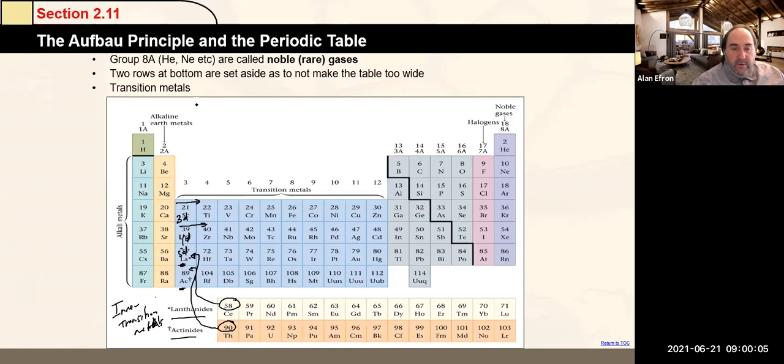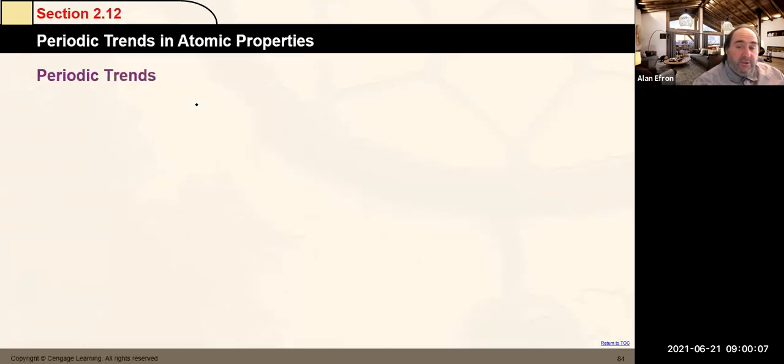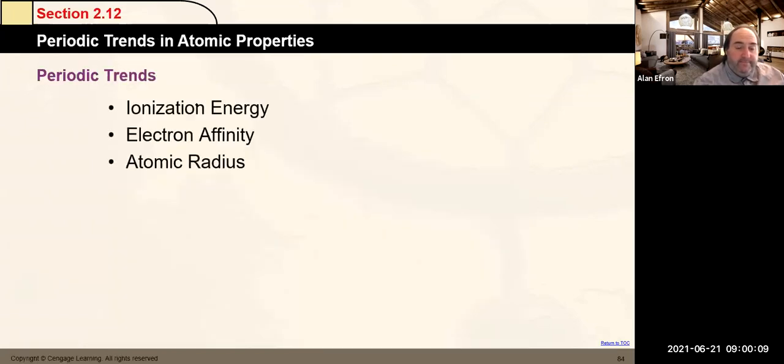Okay, so what we're going to talk about now are some periodic trends. They will account for why we see certain things occur when we think about why elements gain electrons and why certain elements will lose electrons.